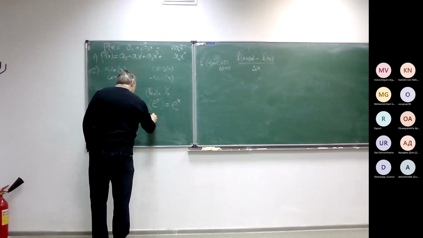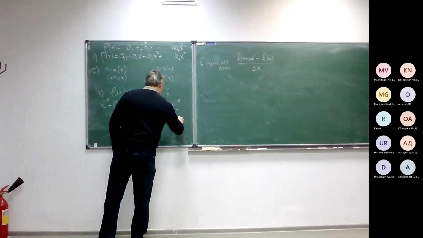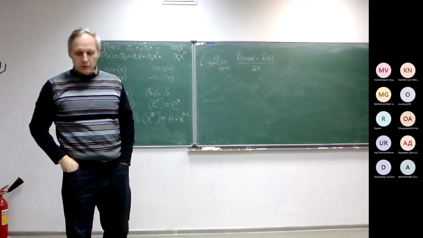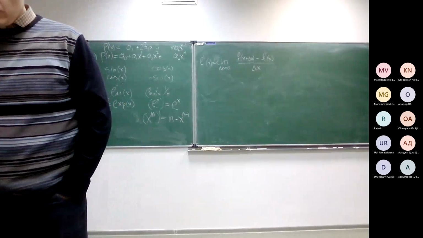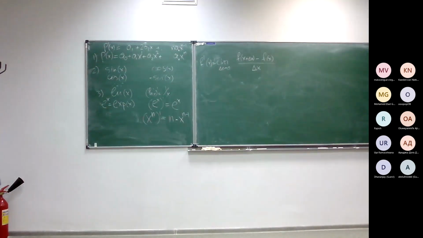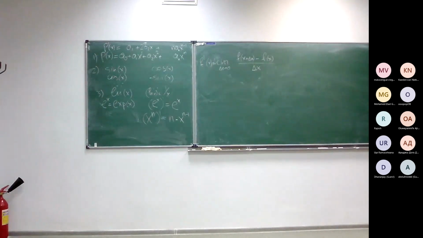So I can say that the derivative of x to the power n equals n times x to the power n minus 1. These formulas you considered in mathematical analysis, and I think it's not a problem to find them if you don't remember.